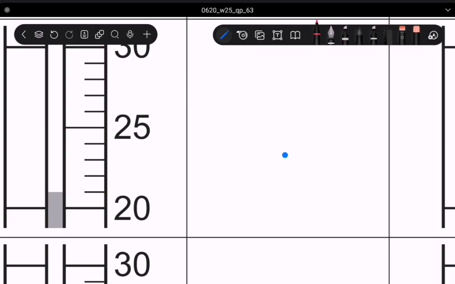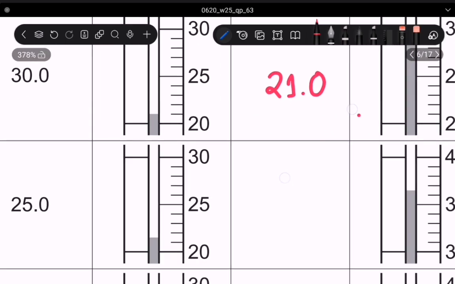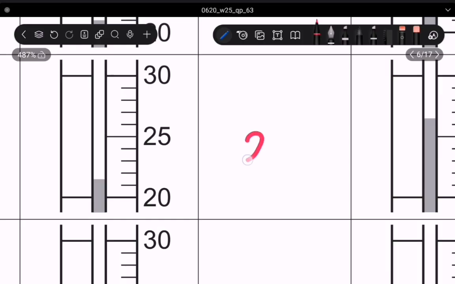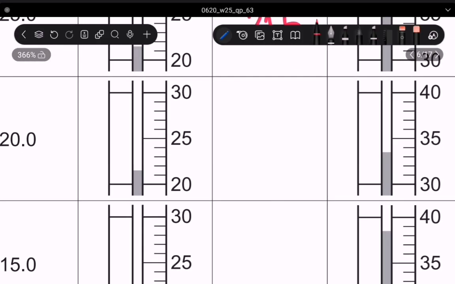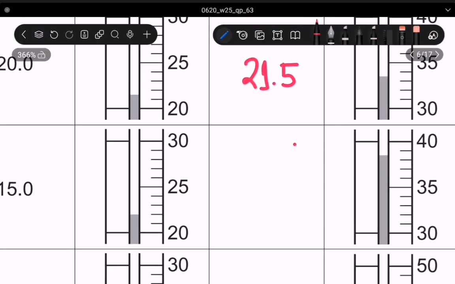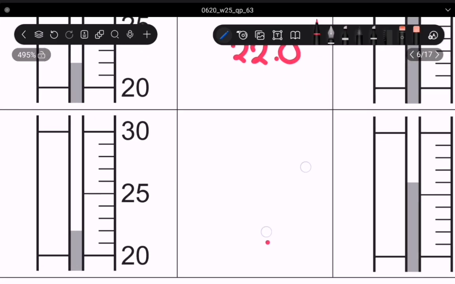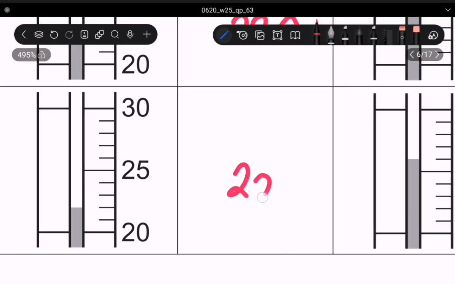If you don't write that, you will not receive a mark because you're supposed to make everything in chemistry paper 6 to one decimal place, especially this one. And this is going to be 21.5 since it's in the middle. 21.5 again. This is 22.0. And this is also 22.0.